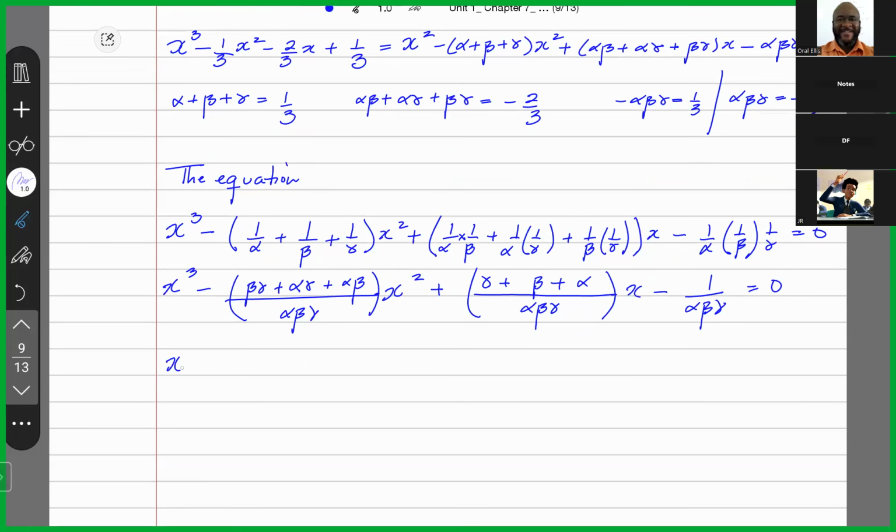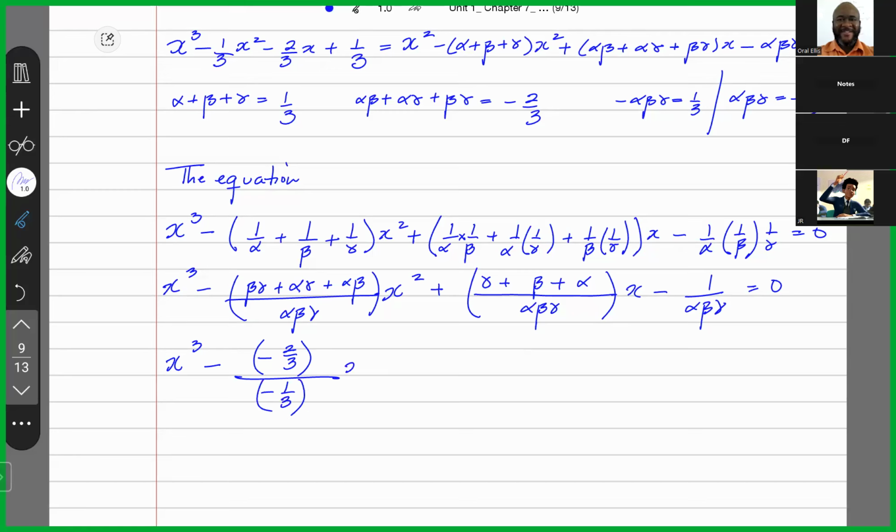Simplifying, this is x cubed minus, now this is the sum of the product of the roots 2 at a time, so this would be minus 2 over 3, over the product of the roots, which is minus 1 over 3.